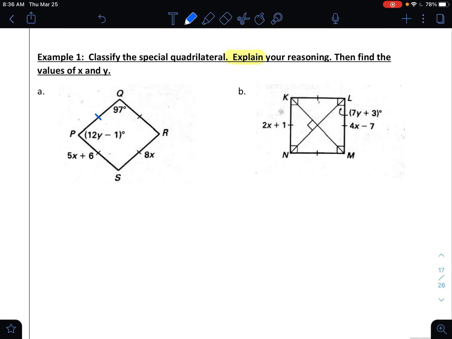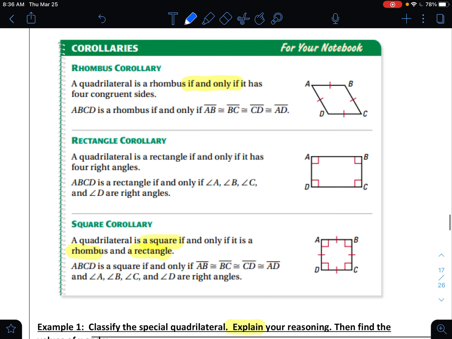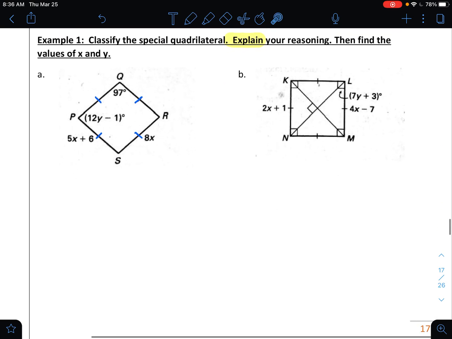Okay, here's what I see. I see a four-sided shape. I see four equal sides. So I'm going to be able to conclude here that it's a rhombus.